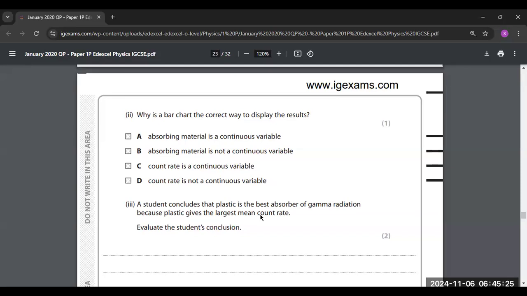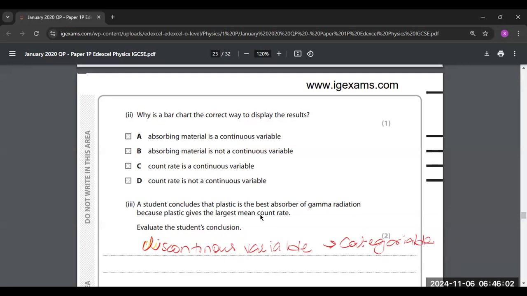There are two types of variables: discontinuous variables and continuous variables. A discontinuous variable is a variable that is categorical, meaning it can only be in certain categories.